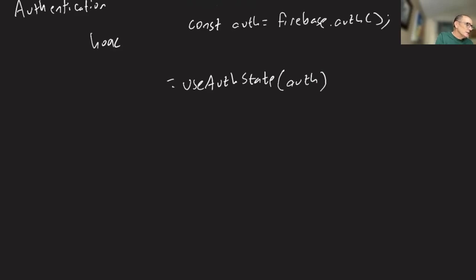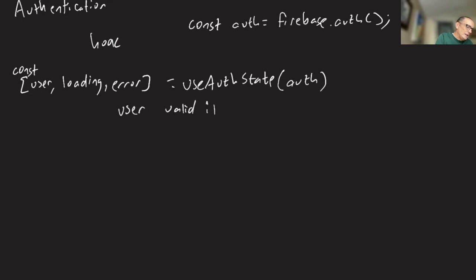This then is going to return us, as hooks do, three things: user, loading, and error. What will happen is, to begin with, we'll get a loading Boolean, specifying that we're still loading. That is, it's actually going to the network and doing a check. And then when it comes back, we'll get either a user or not a user. User is going to be valid if we're logged in, and user is going to be invalid if we're not logged in. I don't remember whether it's null or undefined.